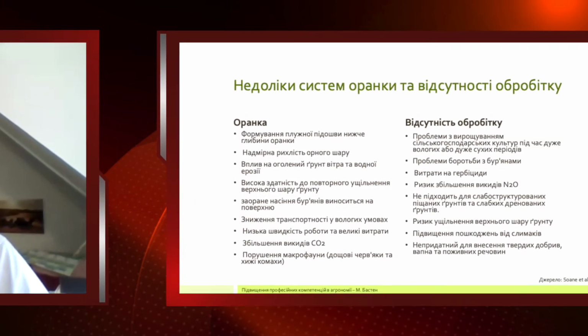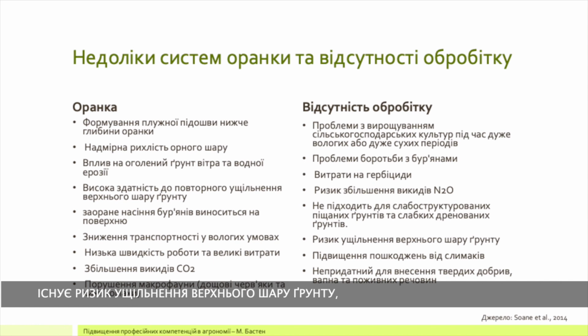The yield results show that it's not suitable for poorly structured sandy soils and poorly drained soils. There is a risk of topsoil compaction, which cannot be broken up with no-till operations, slug damage, and of course, incorporation of manure, lime, and nutrients is not really possible with no-till operations. So everything stays more on the soil surface.